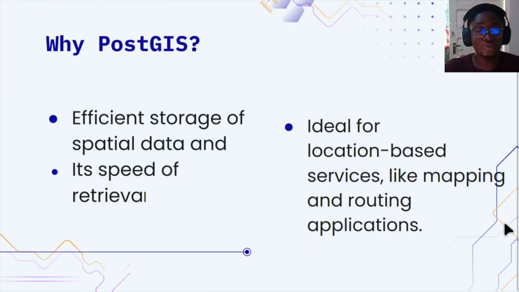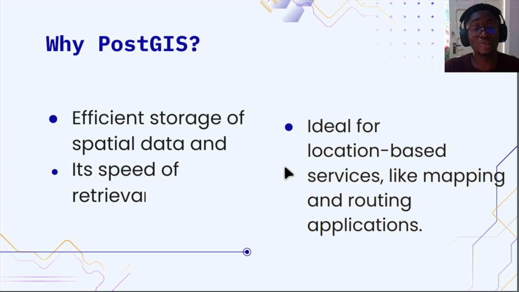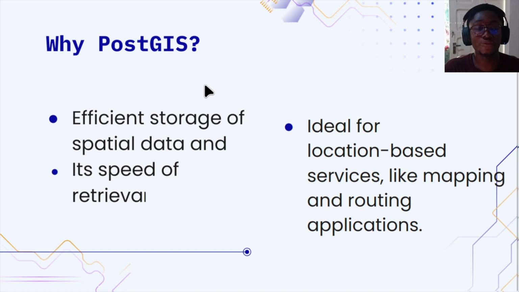So why PostGIS? Well, one reason is its efficiency. It's able to handle large spatial data sets exceptionally well, which is critical for mapping applications where performance is non-negotiable. So for routing applications where you might have to run complex queries across a network of locations, this speed and flexibility can make a very huge difference.